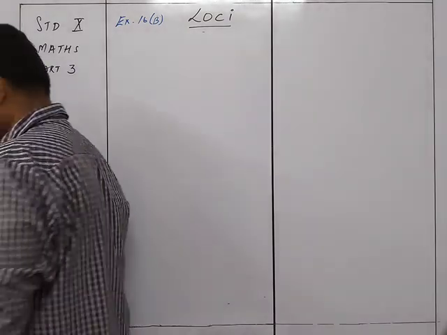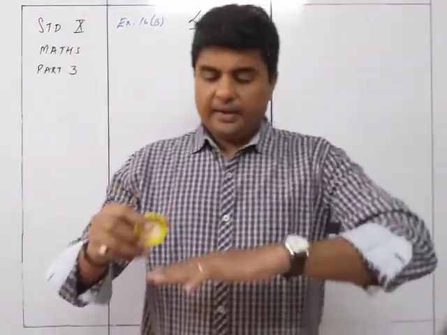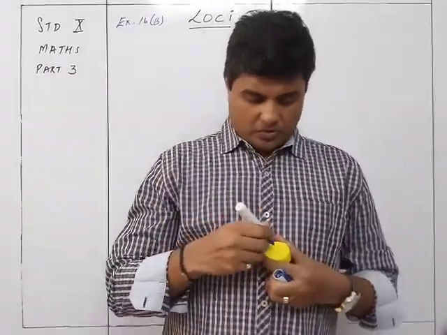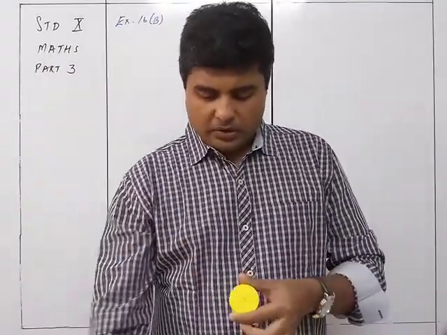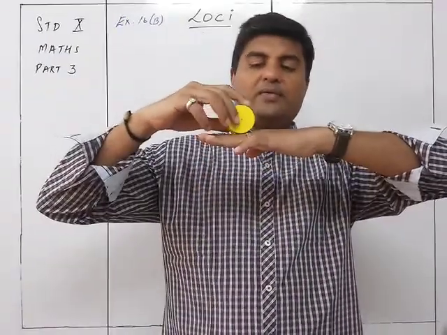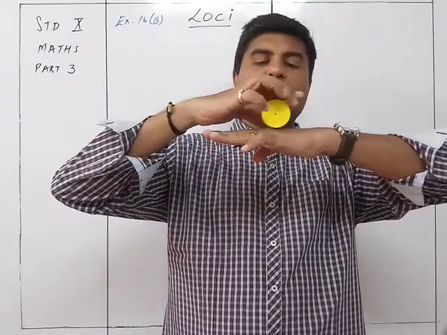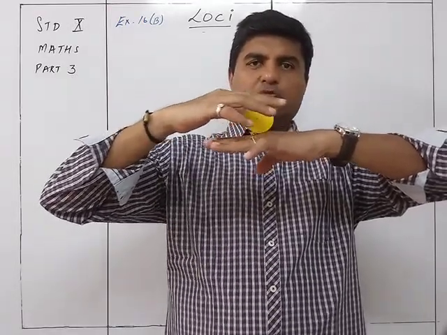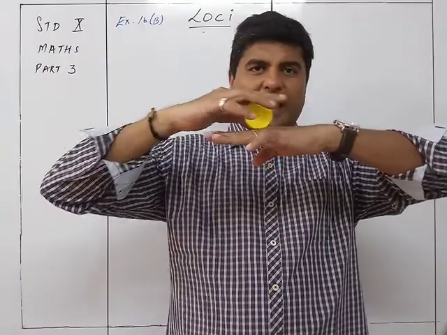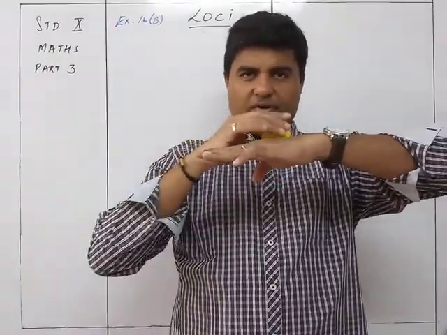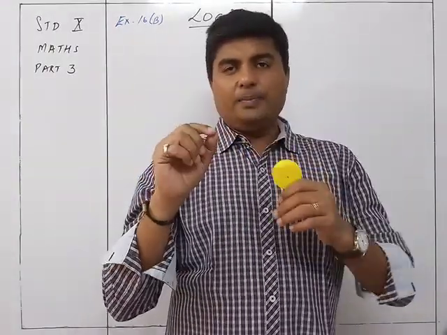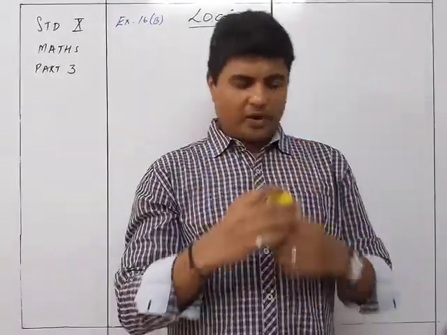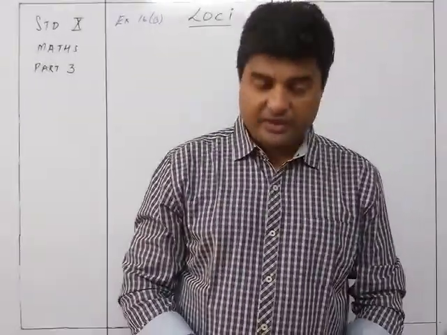When it is moving on a level road, the center forms a line parallel to the level road at a distance of the radius of the wheel.